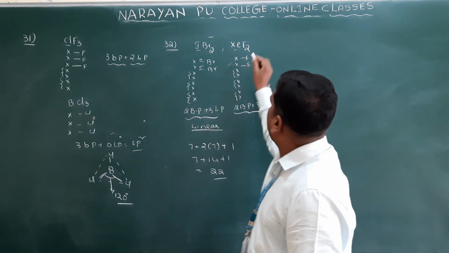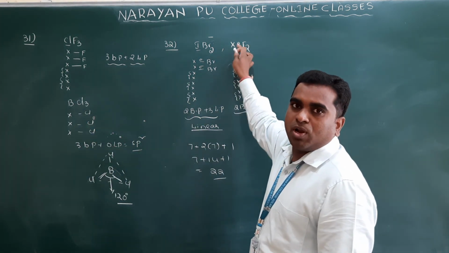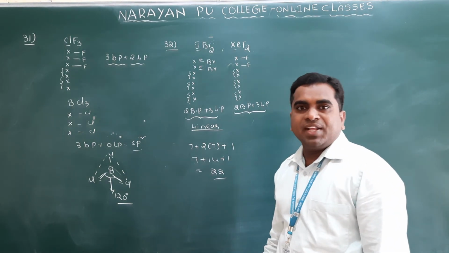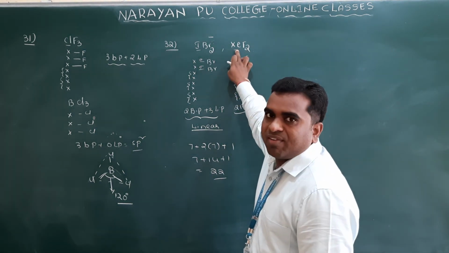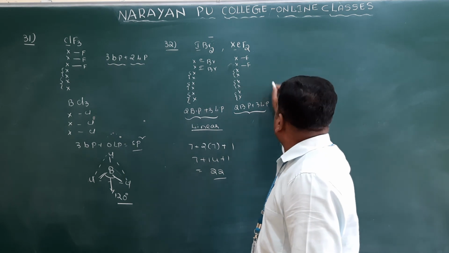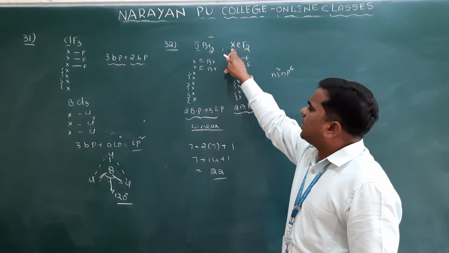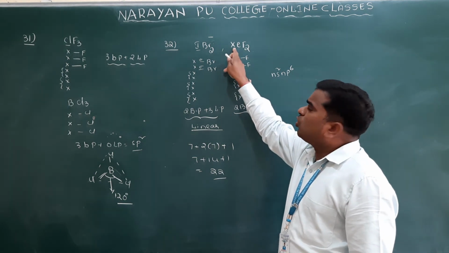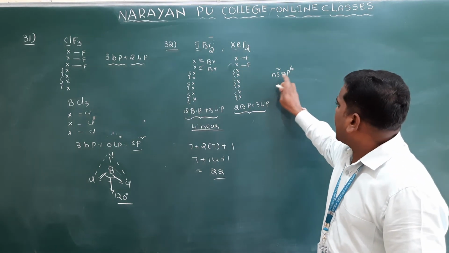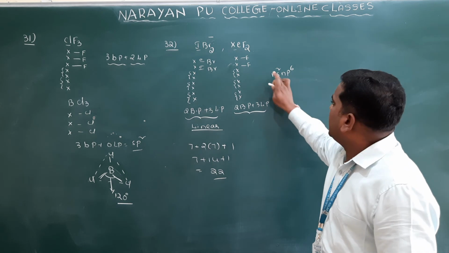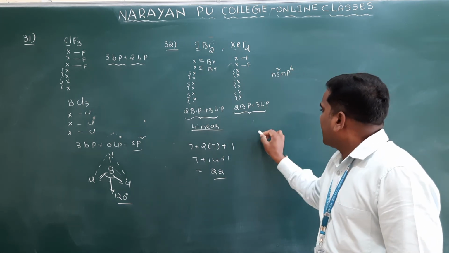Clear? Here also you see how many electrons are there? Xenon belongs to 8th group or 18th group. How many valence electrons will xenon have? You know valence electrons means ns2, np6, right? What is the 18th group valence electronic configuration? ns2, np6 means 2 plus 6, 8 electrons.